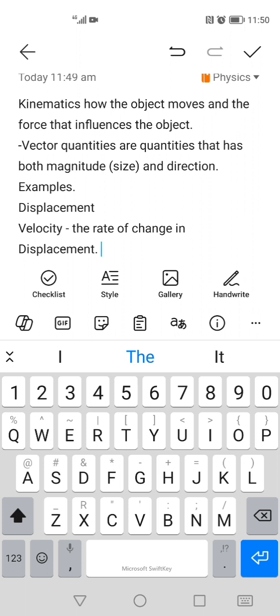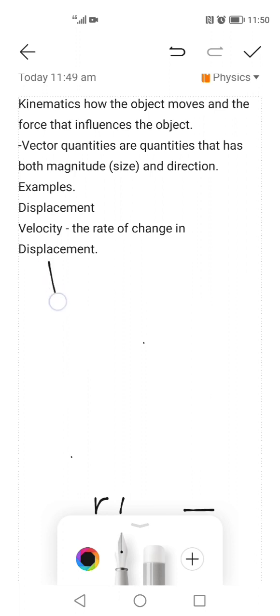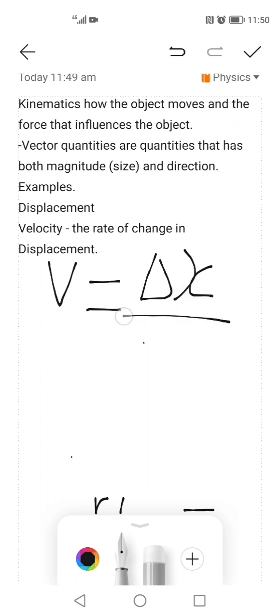So the formula to get velocity is v is equal to delta x over delta t. This is the formula to get the velocity, which is the rate of change in displacement.